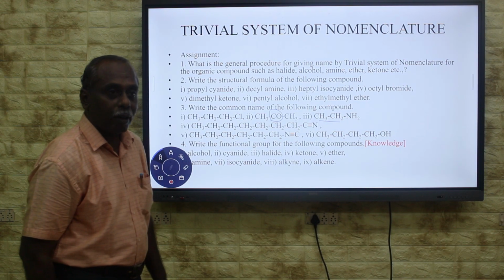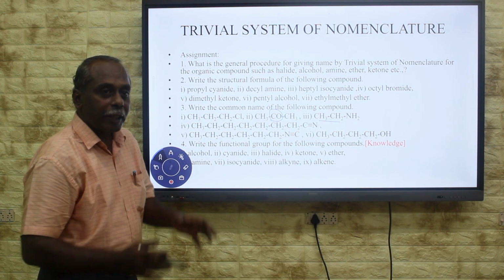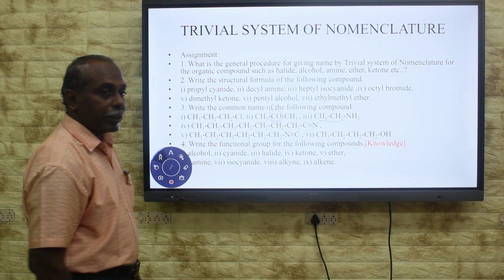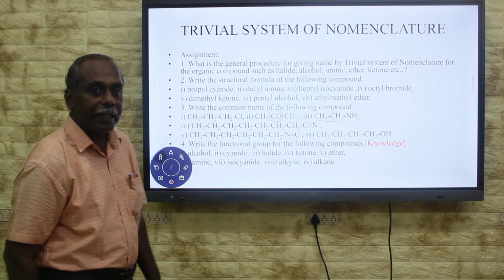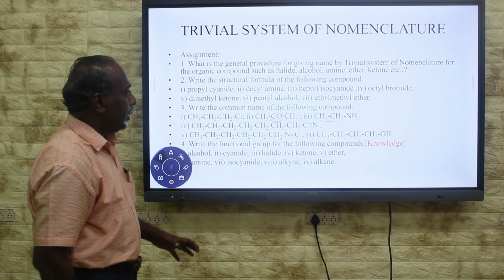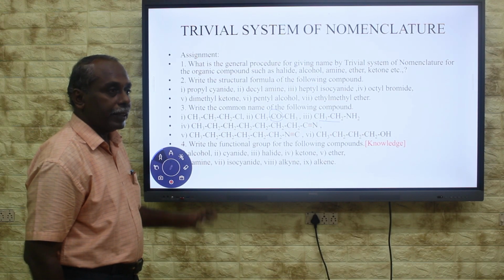What is the functional group of alkyne? That compound has no special functional group. Here the triple bond acts as the functional group of this compound. Alkene, here the double bond acts as the functional group. These are some of the things we have given as an assignment for this lecture.